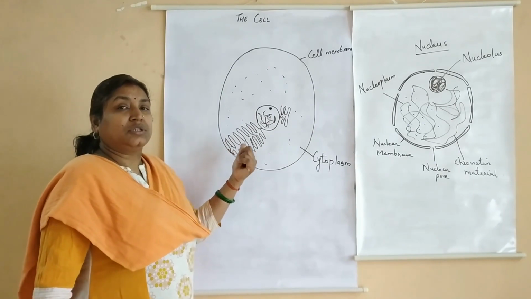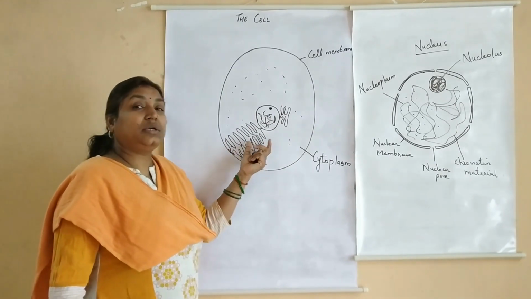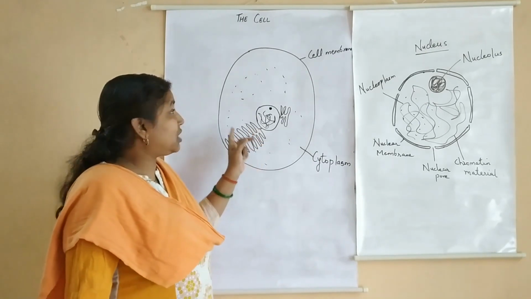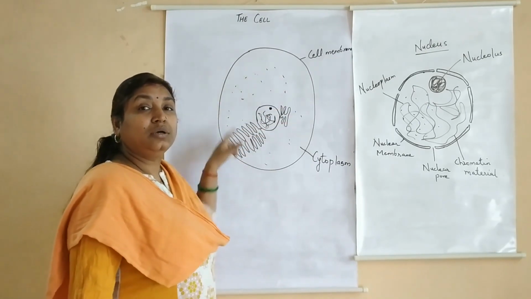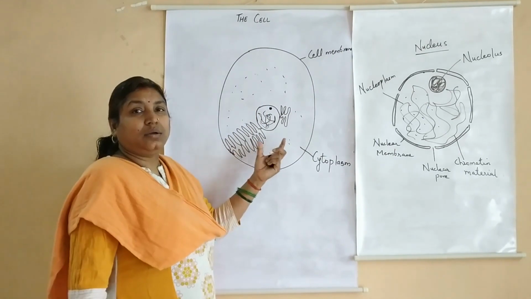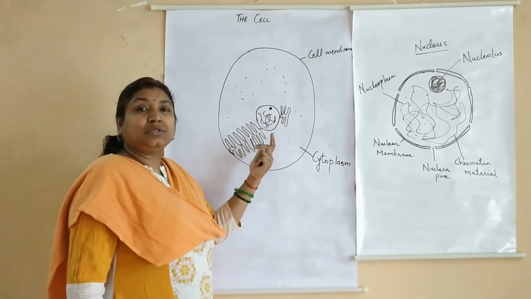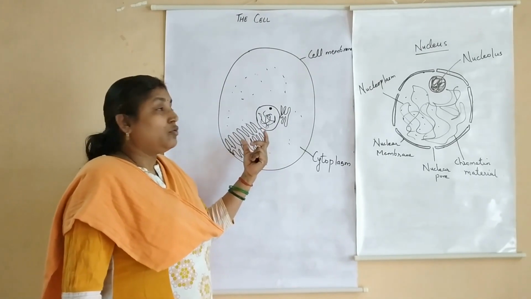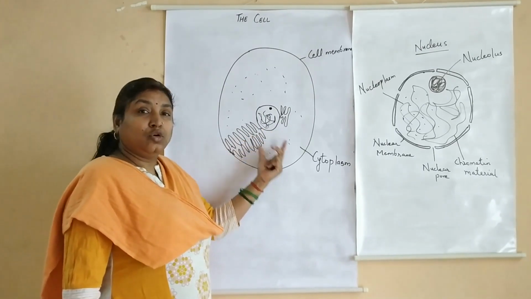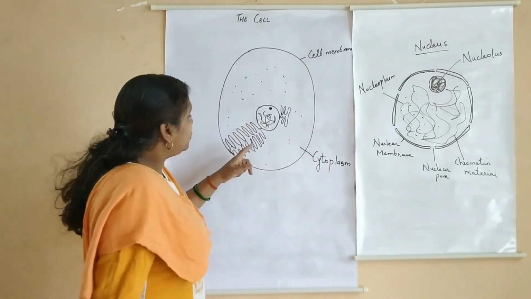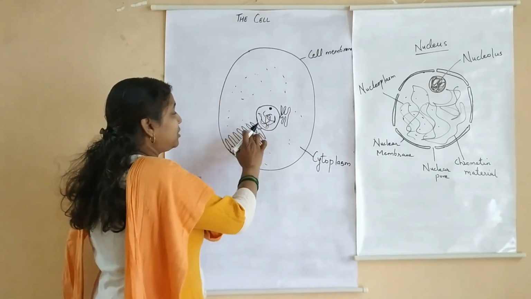It forms the skeleton of the cell and helps in intracellular transport of materials, that is transport of materials within the cell. These are your double membranous irregular network of fluid filled lumens. These are empty sacs and the fluid present in them helps in the transport.